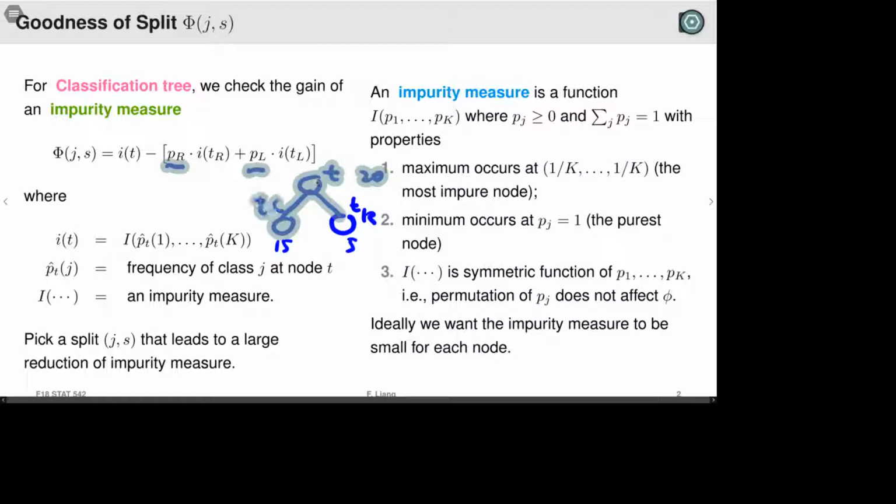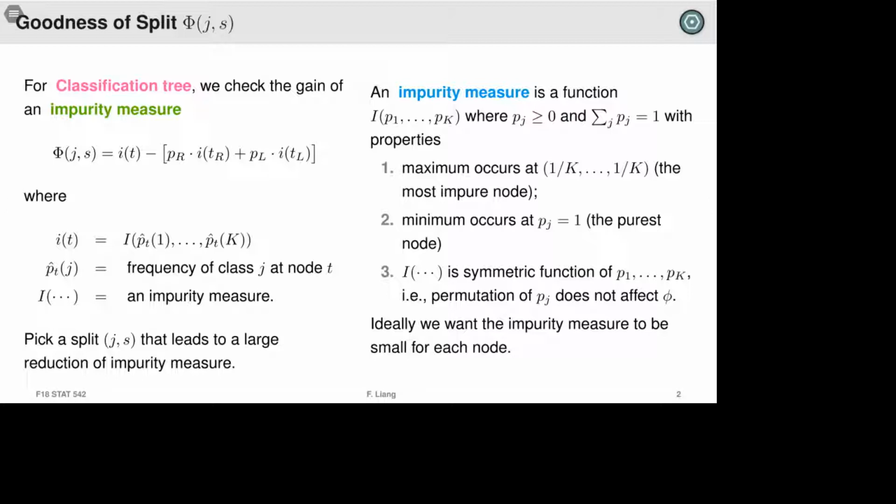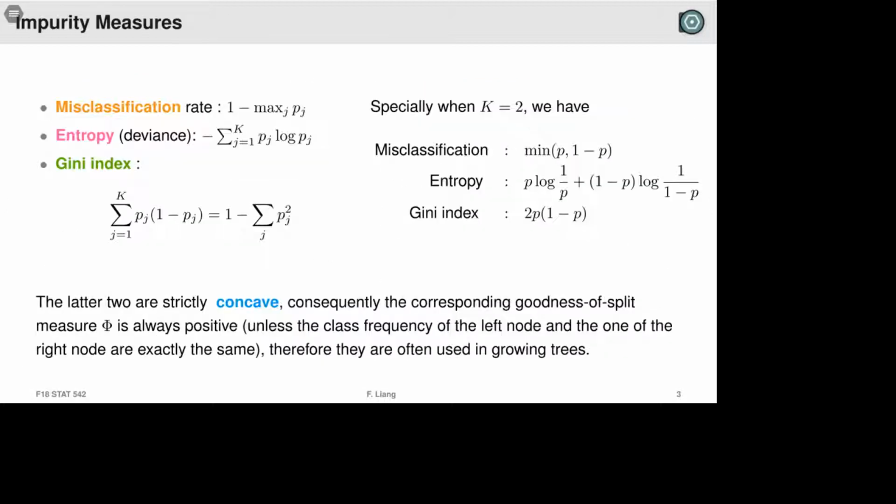The maximum is achieved when they are equally distributed over the K groups, and the minimum is achieved if one of them is equal to 1, because if one of the P_j is equal to 1, then the misclassification rate is actually 0. So that's right, because if one of the P_j is 1, it means all of the observations in this node are from one class, and when you do your majority voting, everybody gets correctly classified, so the error is 0. Okay.